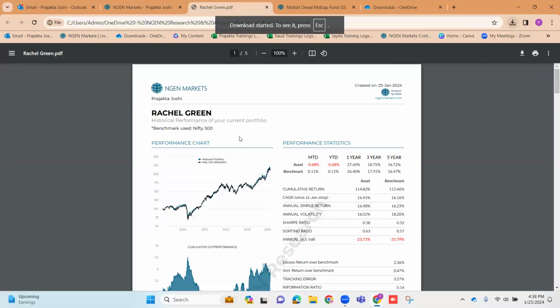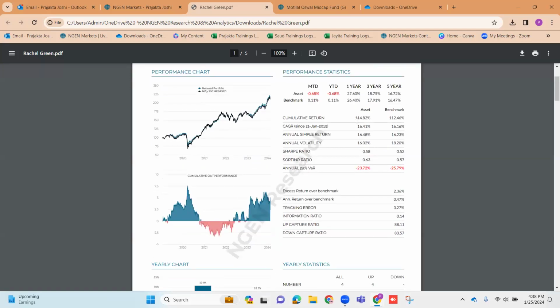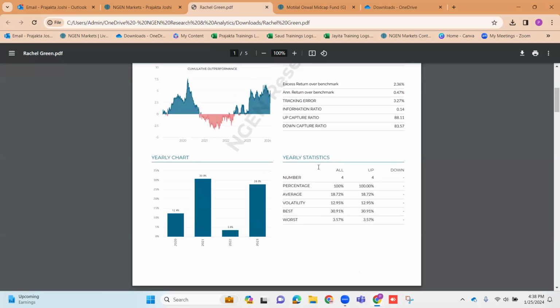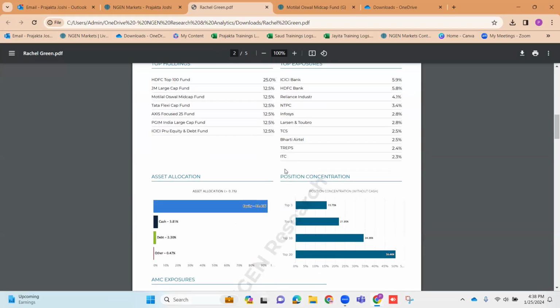I'll simply open this. This is a standard 5-pager PDF. The last page, of course, will be a customized disclaimer, and you can change the disclaimer. But this is how the first page will look like. You'll have your own company name and logo appearing on the left-hand side, comparing performance of the portfolio versus that of the benchmark. The same analysis that we were doing on the platform gets exported into a PDF.